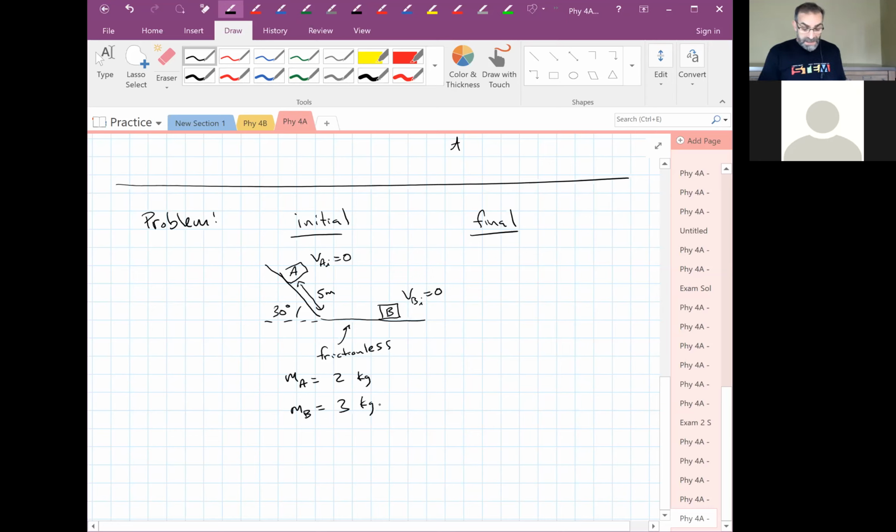So what happens, we're going to release A. It's going to slide down the incline, slide across the horizontal surface, collide with B, and they'll stick together. We want to know the final velocity of those blocks. Okay, I'll give you a minute to think about it.